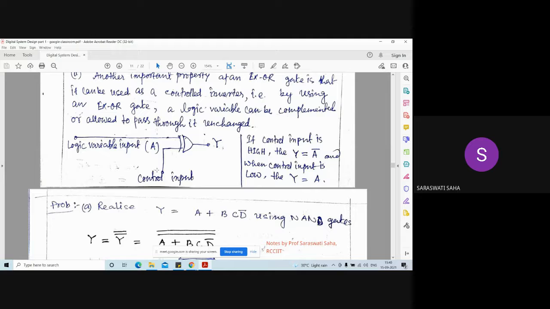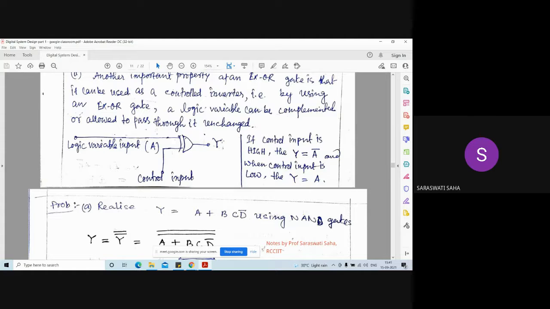Then the output will be 1. When control input is low, then output will be A. If we put A equals 1, then output will be 1. So Y follows A.